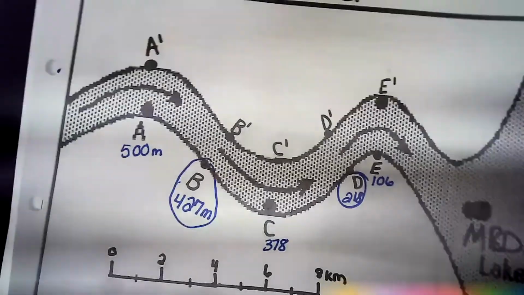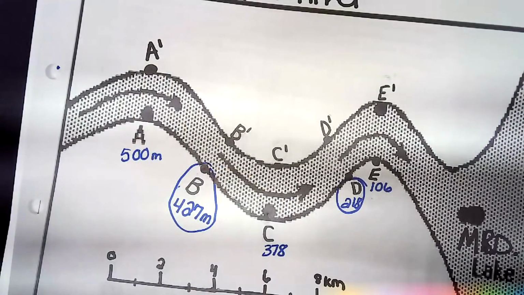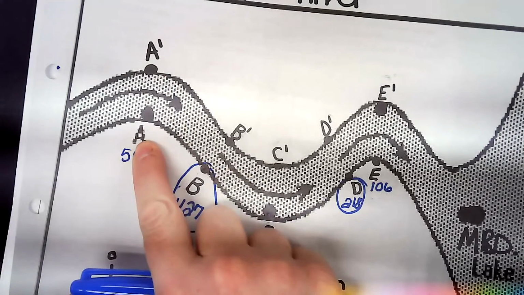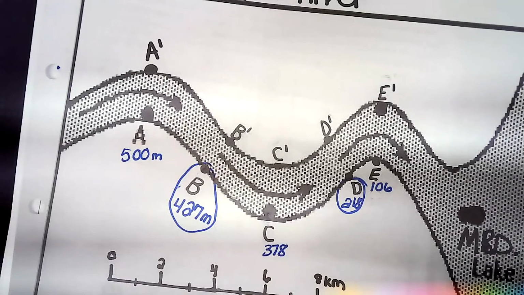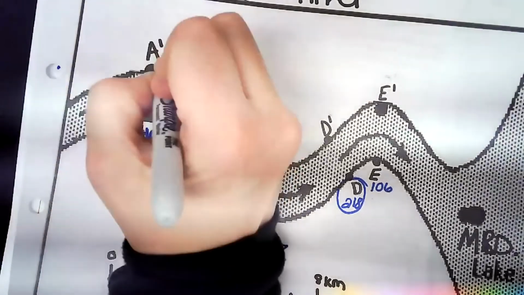Let's look at A, walking over to A prime. Ask yourself first, is this a straightaway or a curve? This is a curve. And is A the inside or the outside of the curve? This is the inside, and this is the outside.